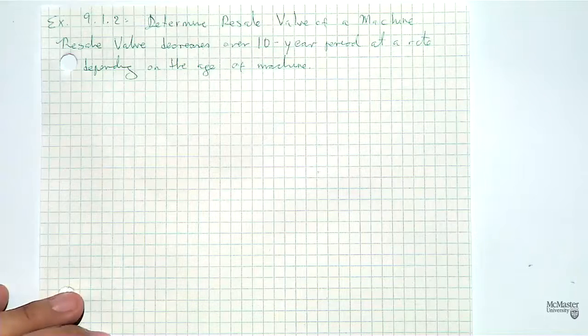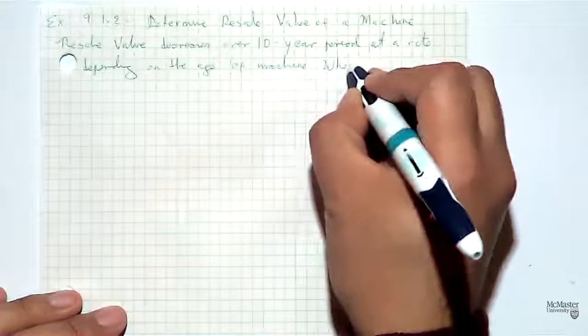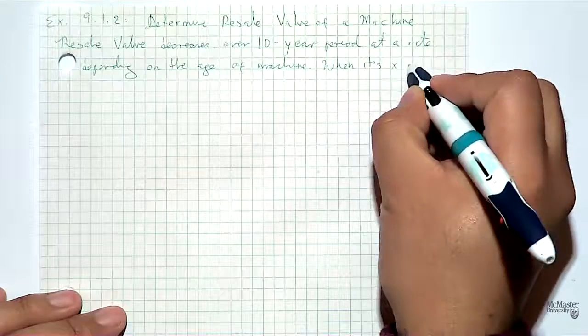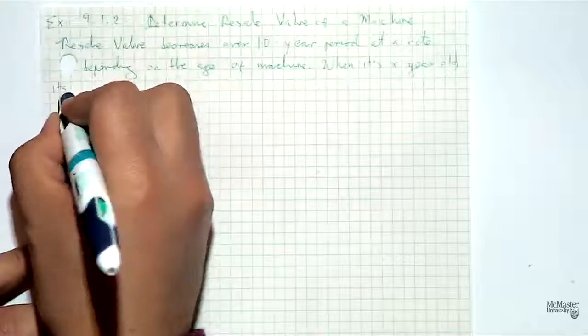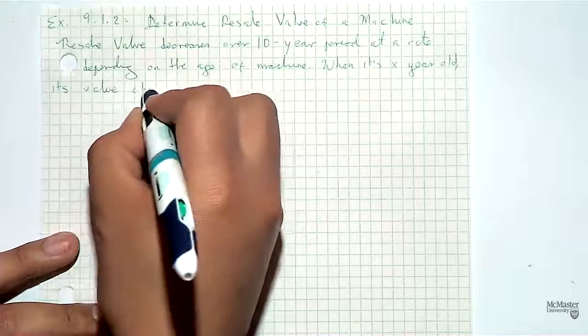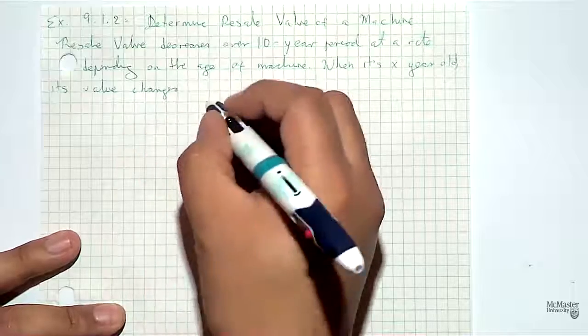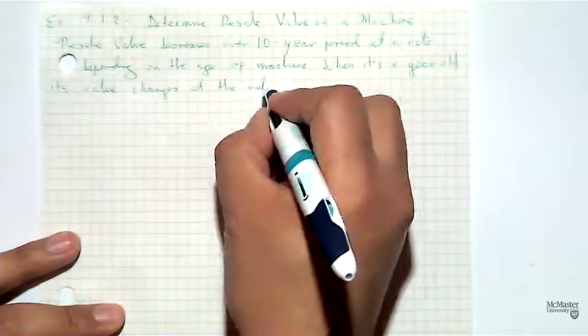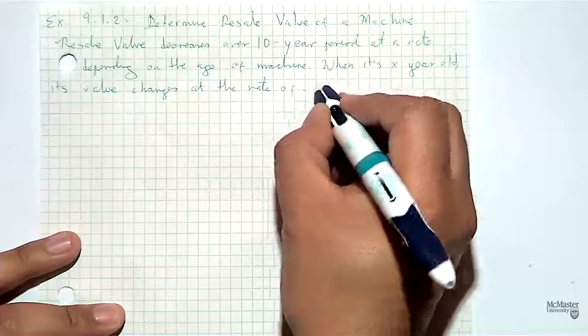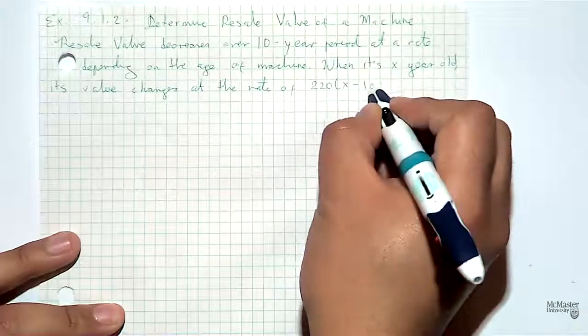That totally makes sense. So when it's x years old, its value changes at the rate, so that information we're given, somebody calculated it for us, of 220 times x minus 10.